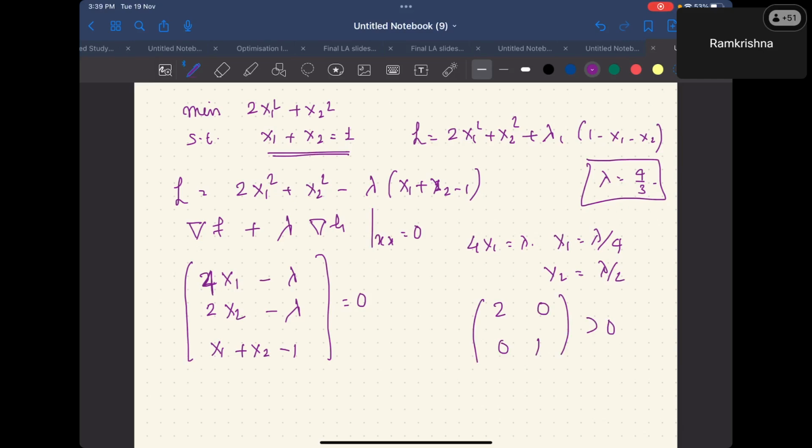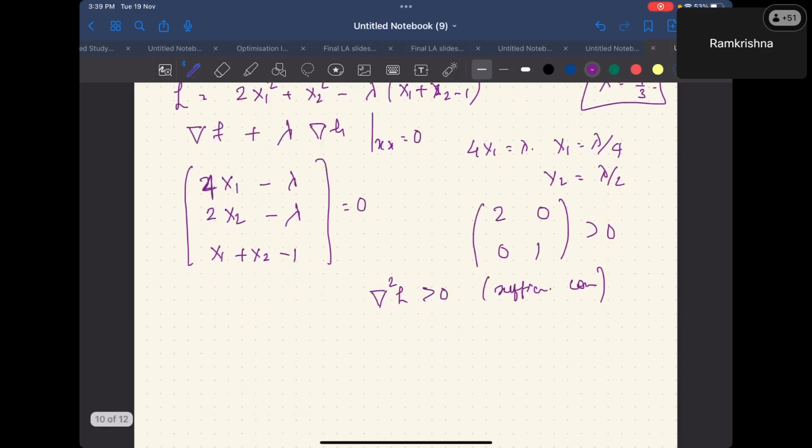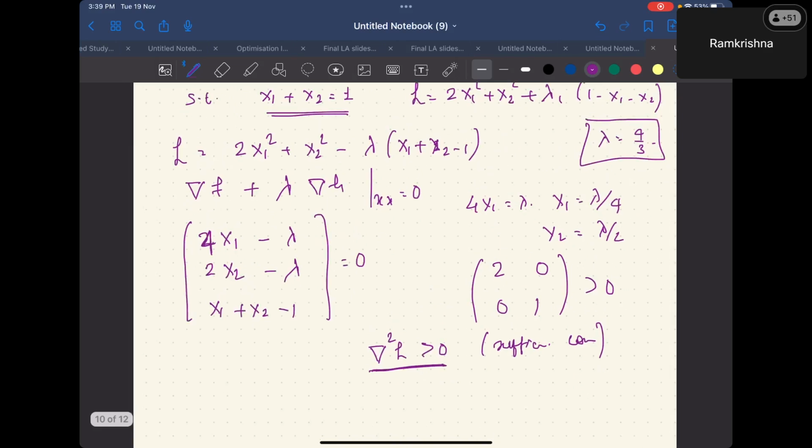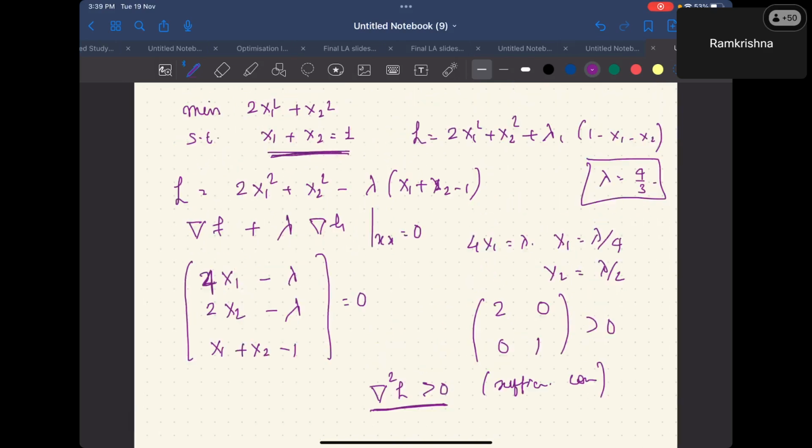So here we don't need to worry much, because if the second is greater than 0, then this is a sufficient condition. So I can conclude something directly from here, as long as this is greater than 0. But if it's not greater than 0, I need to do one more step to look at the orthogonal space to this constraint.